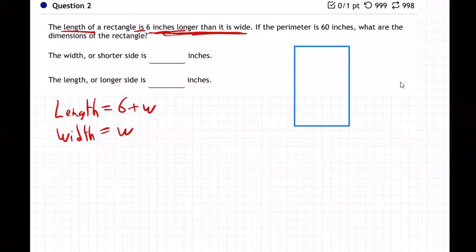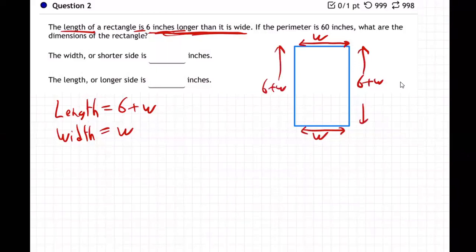And we have a width and a width. And then the length is 6 plus W. That's the length. A little bit longer length and width. Anyway, that's generally what the rectangle looks like, right?